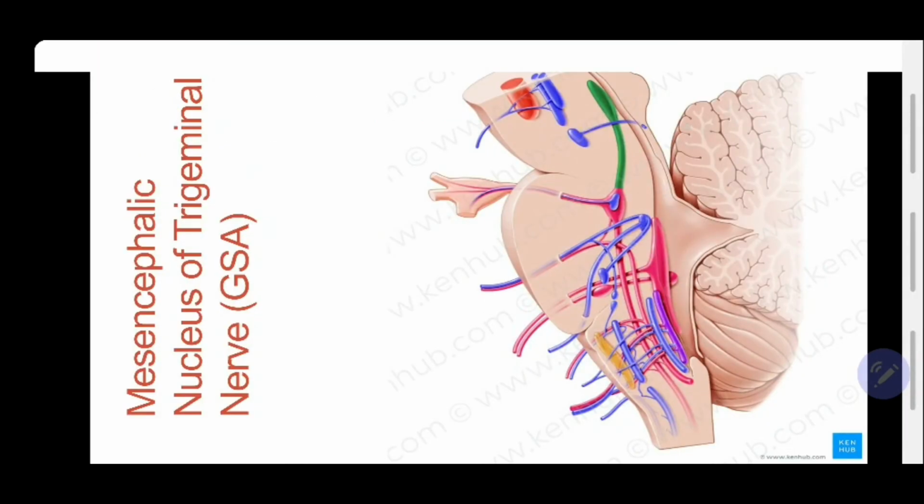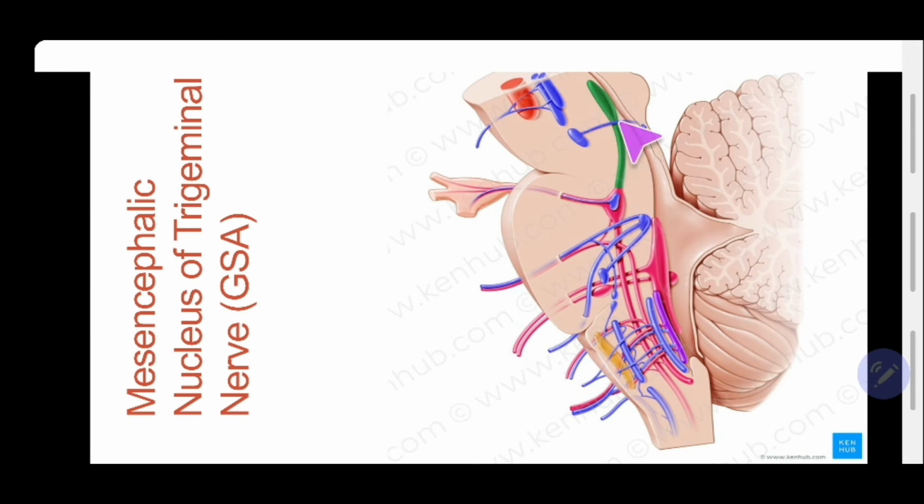Now you are seeing this nucleus, that is the mesencephalic nucleus of the trigeminal nerve, right? From the upper pons, it extends up to the upper portion of the midbrain, crossing the trochlear nerve nucleus and reaching adjacent to the oculomotor nerve nucleus.